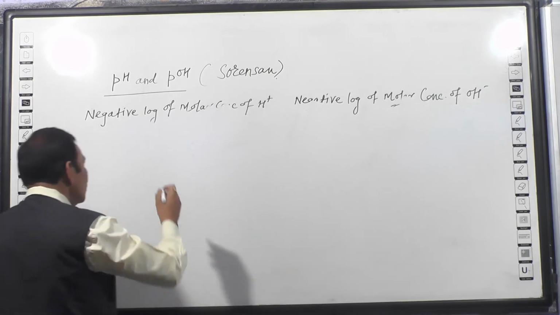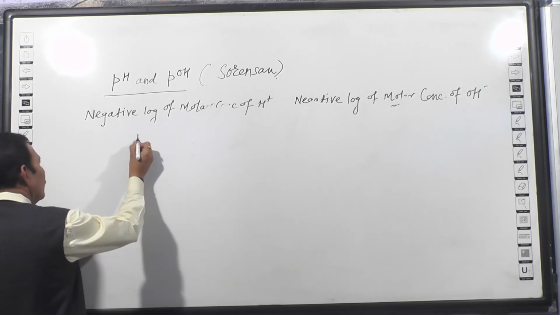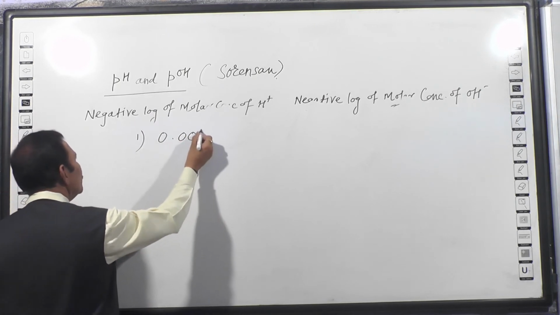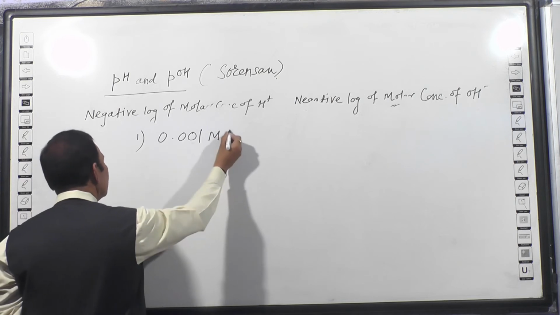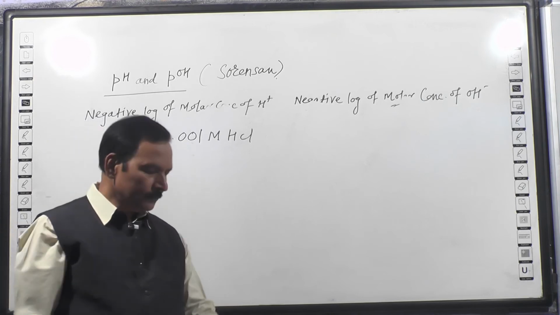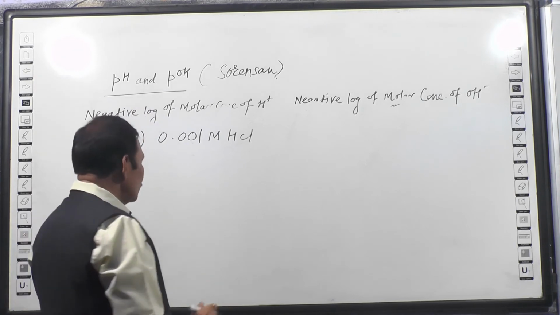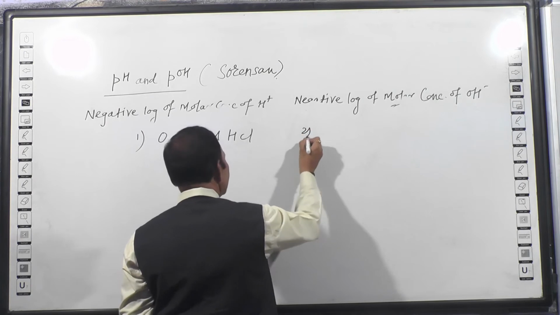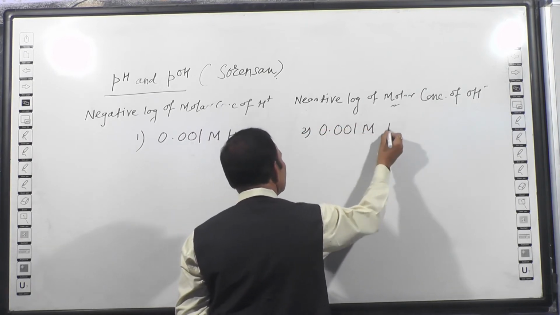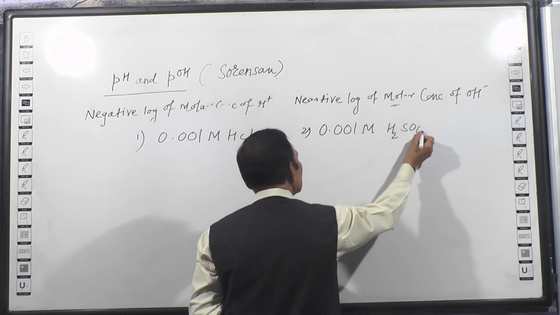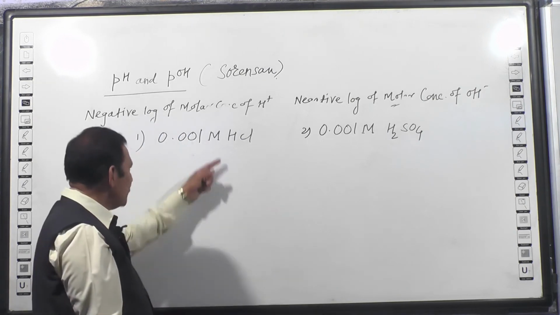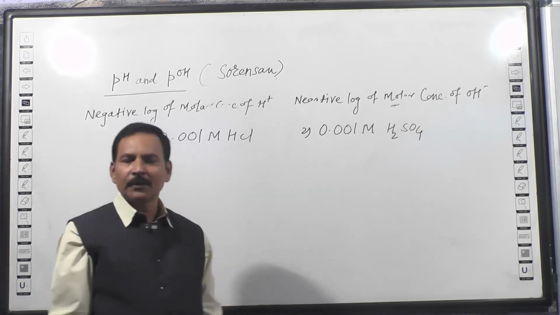For example, we'll take two examples. One example: find out the pH of 0.001 molar HCl solution, and second is 0.001 molar H2SO4 solution. We'll solve the pH of both in parallel here.